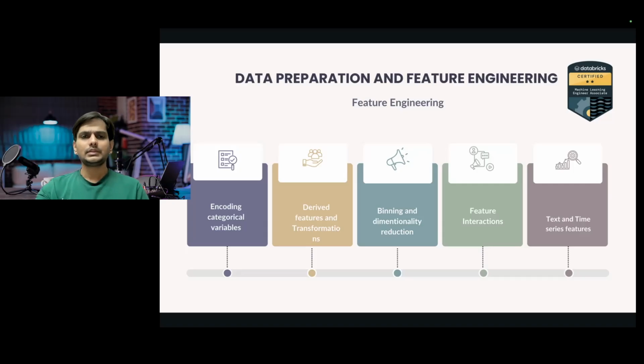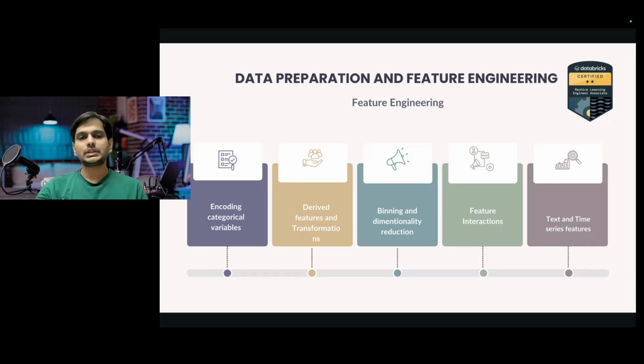And there is something called derived features and transformation. That means creating a new variable, for example days since sign up. So you are creating a derived variable, or purchase frequency, where you count the number of transactions that a customer is making and create a new column called purchase frequency.